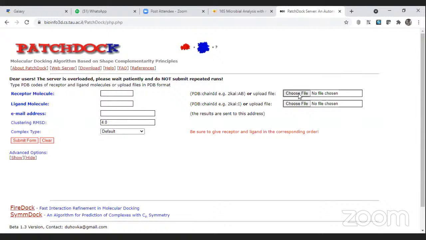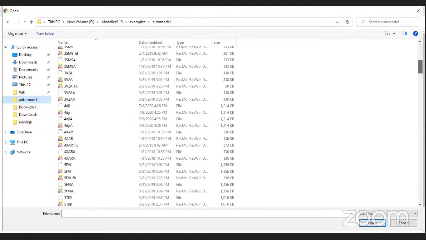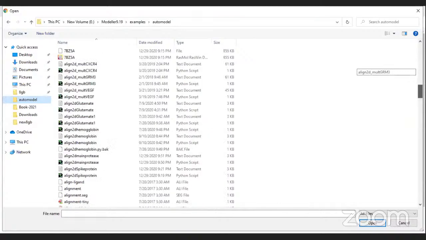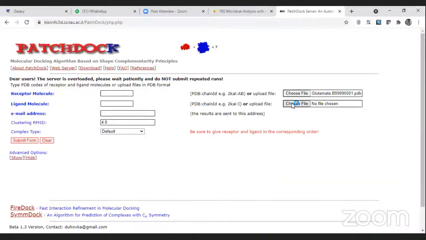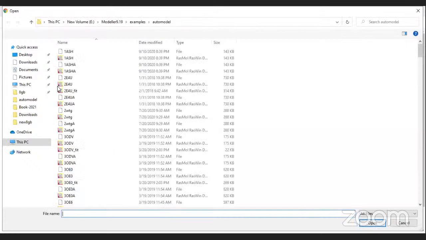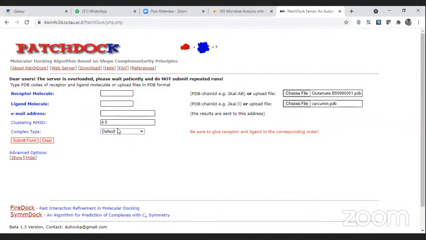So here you can upload the protein. So hopefully we get the results.